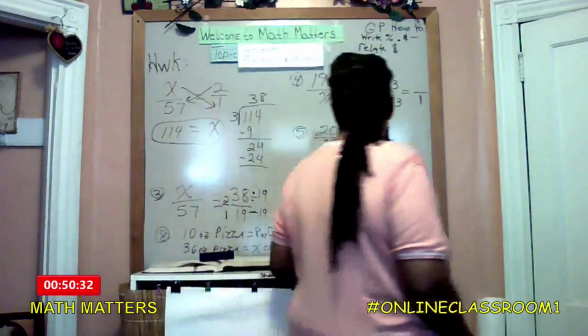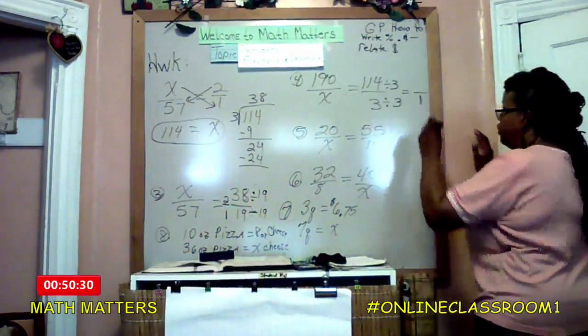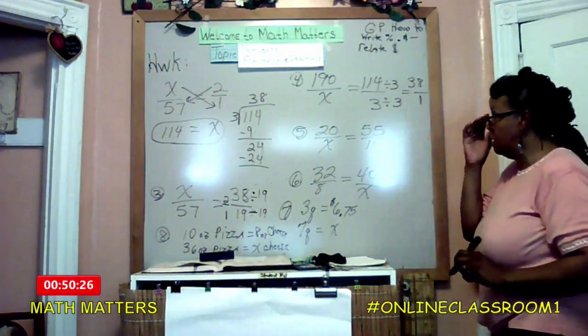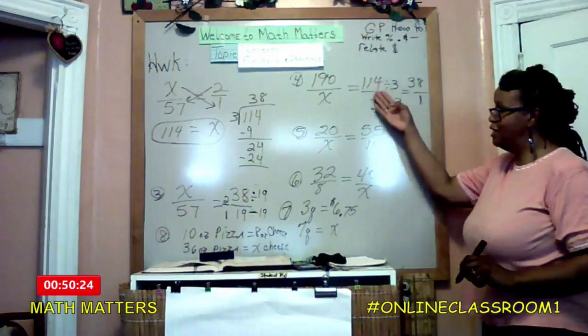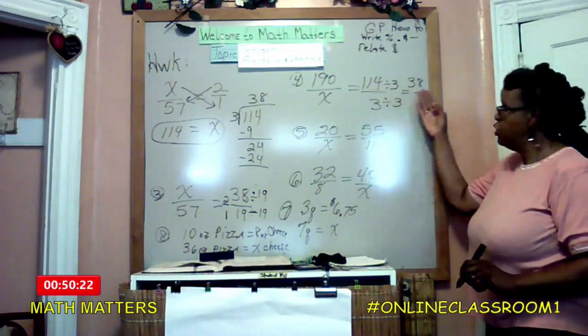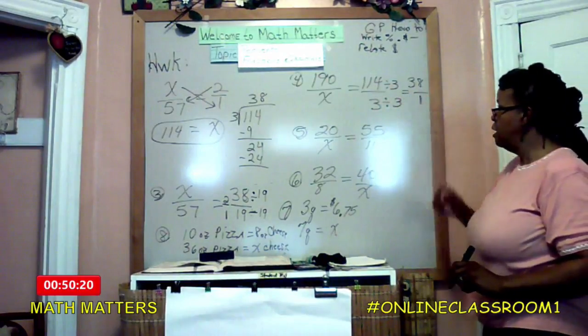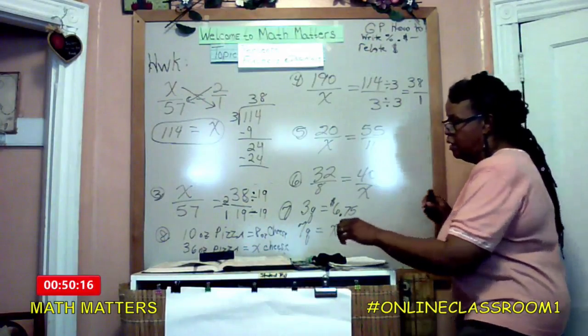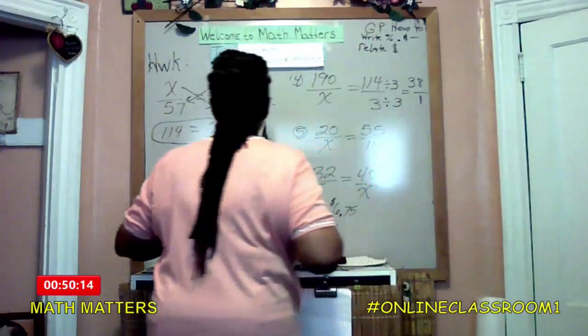Subtract, no remainder. So the answer is 38. Now, we're not done. We just simplified this ratio to 38 over 1, making it a lot easier, I believe.